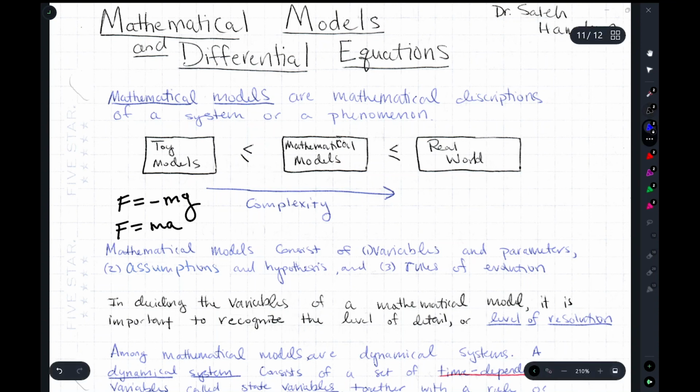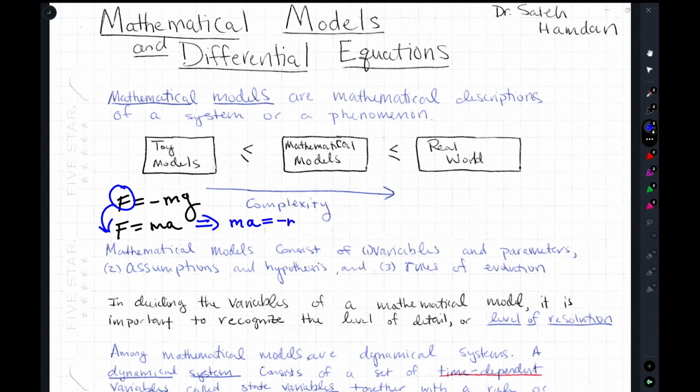And what we could do is plug the force into Newton's second law, and we'll end up with ma is equal to negative mg. The masses could cancel, and then we have ourselves the acceleration, which is the second derivative of position with respect to time.